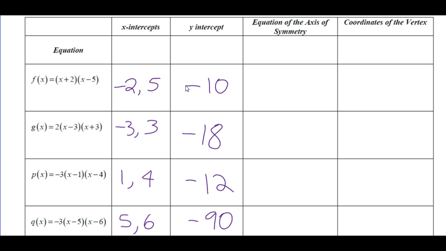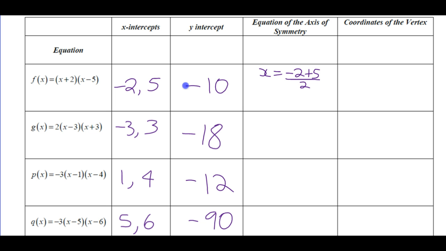Okay, the equation of the axis of symmetry. I've got to take it back to yesterday. How do we do that? Remember back to yesterday, what I want to do is find the average of what?